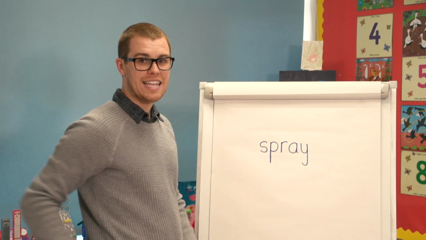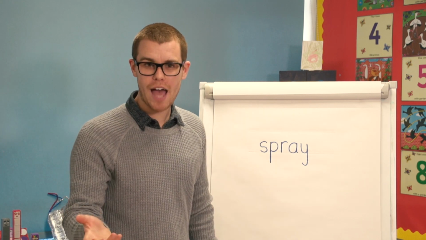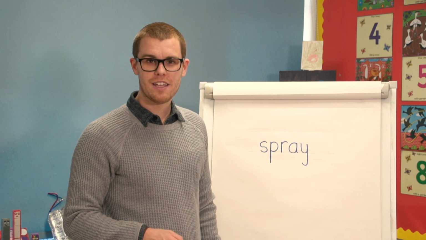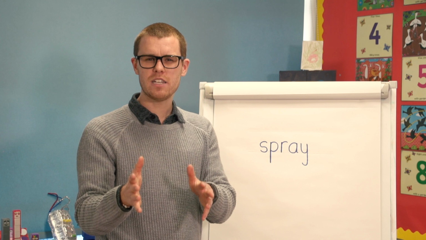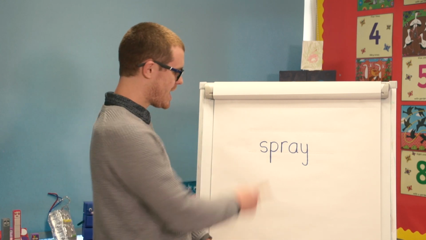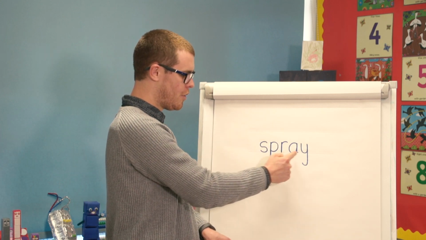S-P-R-A. It has 4 sounds. Did you get it right? Does your spelling match mine? Fantastic if you did, but don't worry if you didn't. Just quickly change it now. Spray. S-P-R-A.